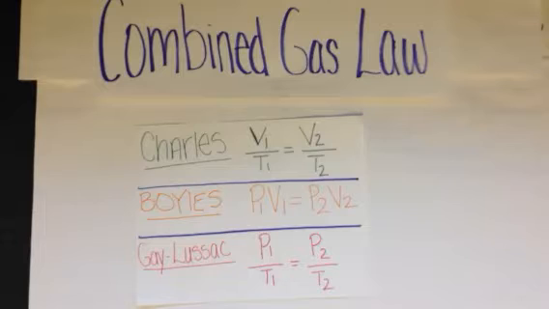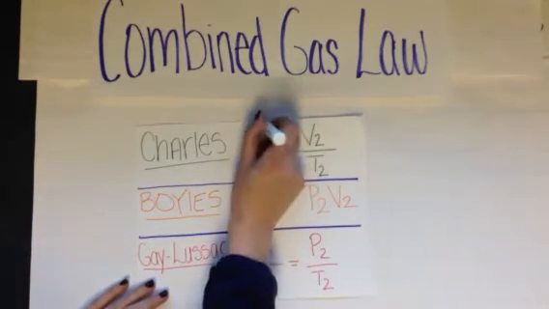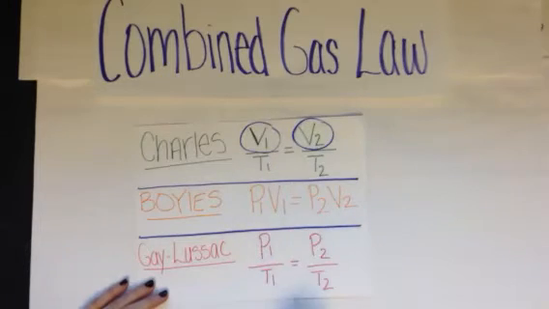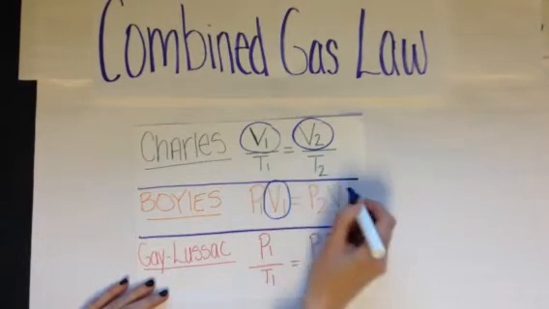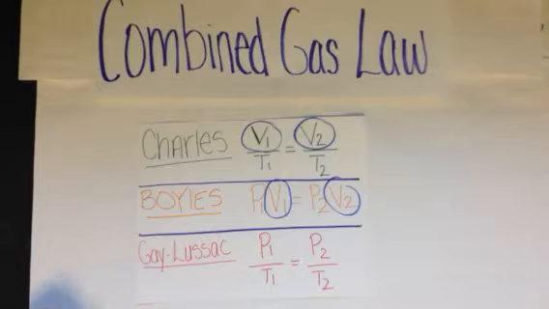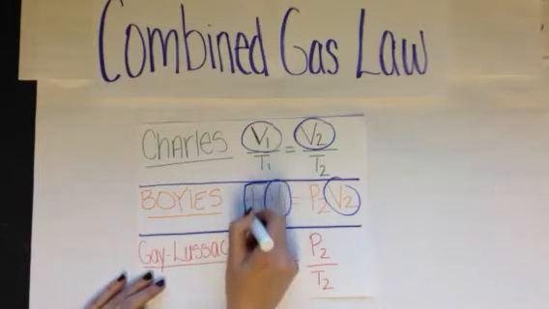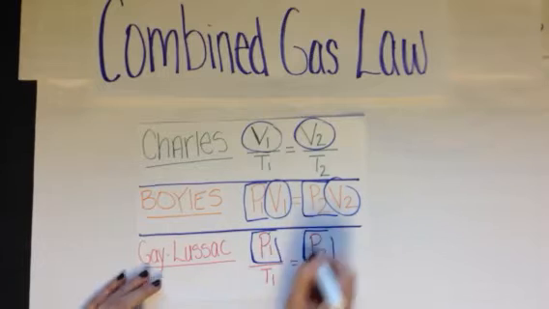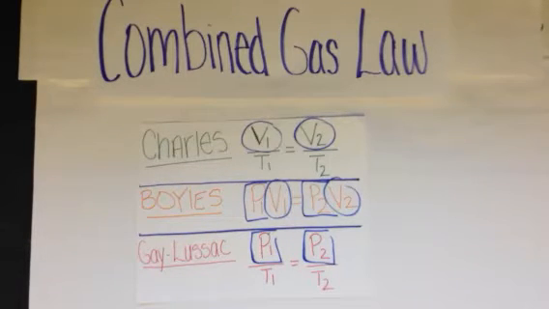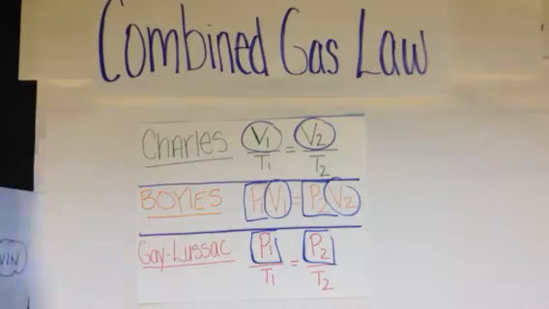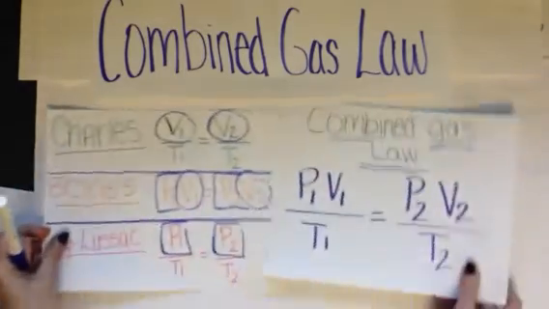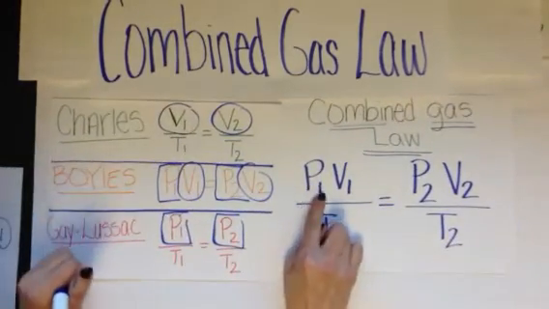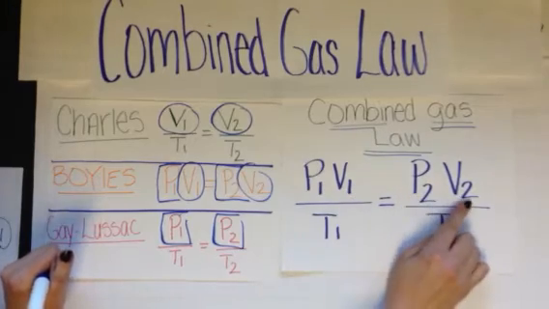If we take a look at the first one, we have to make sure our V's are on top. Here they are again, V's on top. And we also have to make sure our P's are on top. So with that being said, here's my combined gas law with our P's and V's on top: P1, V1 on top, P2, V2 on top.